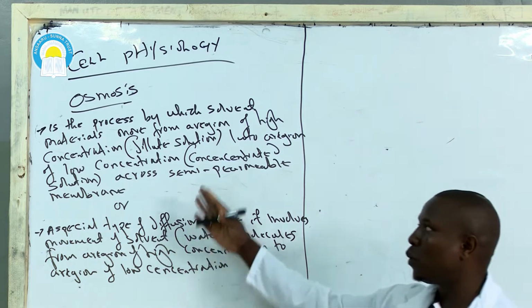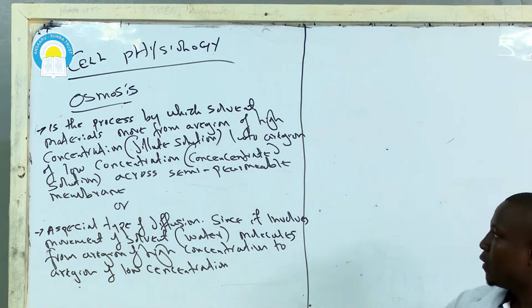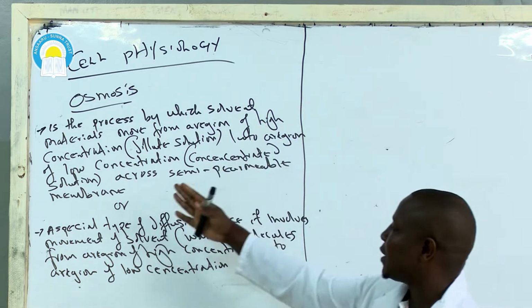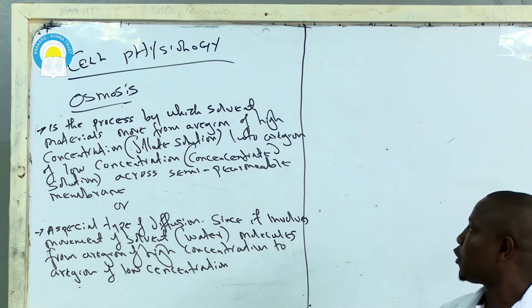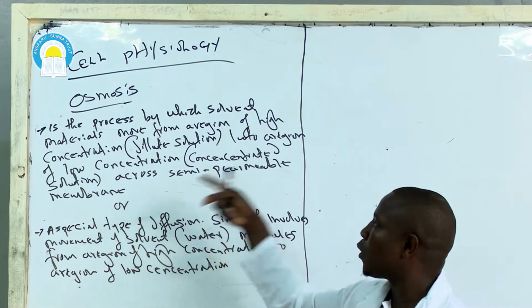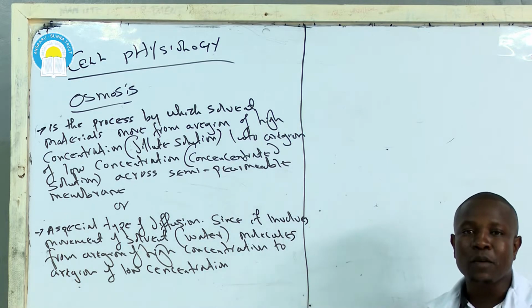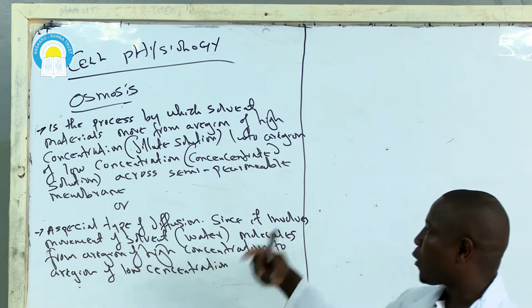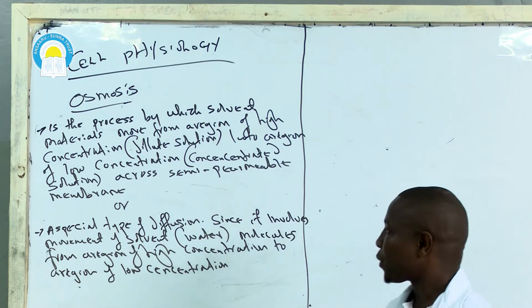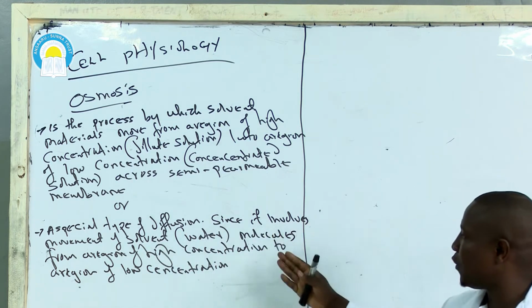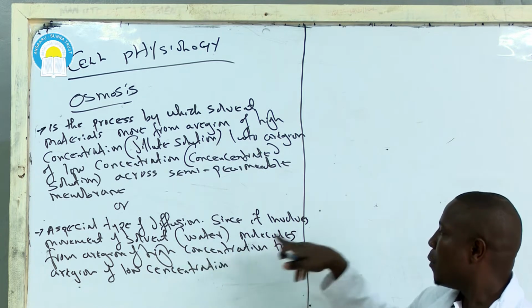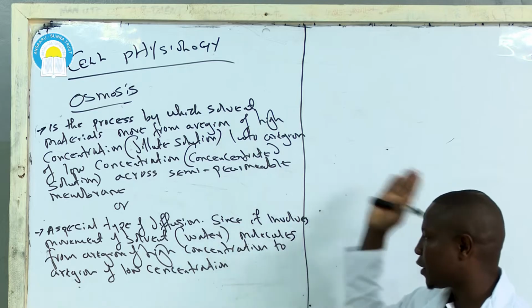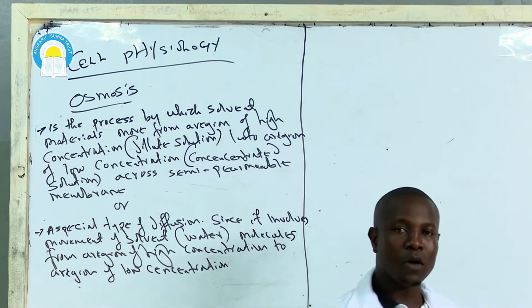So we have two definitions for osmosis: the process by which solvent materials move from a region of high concentration, that is a dilute solution, into a region of low concentration, that is a highly concentrated solution, across a semi-permeable membrane; or a special type of diffusion, since it involves movement of solvent, that is water molecules, from a region of high concentration to a region of low concentration.